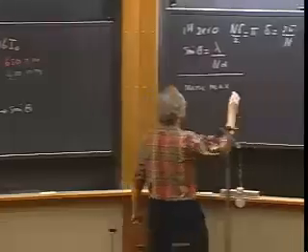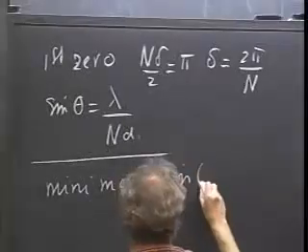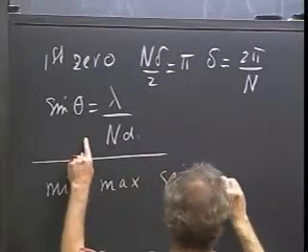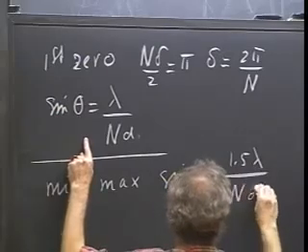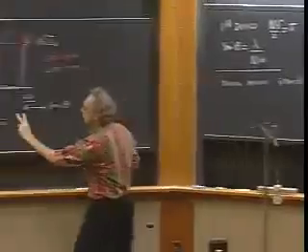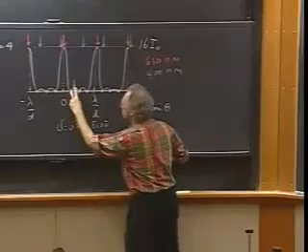So I ask the equation, what is your intensity when the sine theta is now 1.5 times lambda divided by nd? Then I'm right in between these two zeros.